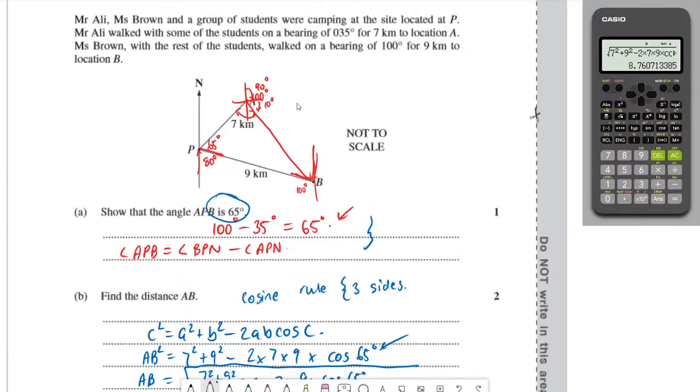So, no, that can't be right. No, because it's this line here, isn't it? So it's not that that's 80 degrees, it's this whole bit in here that's 80.